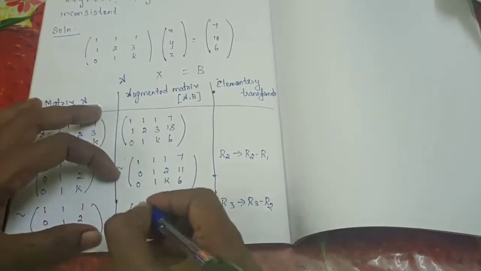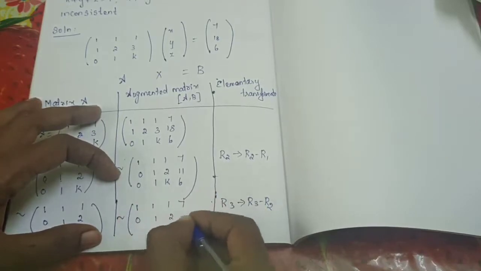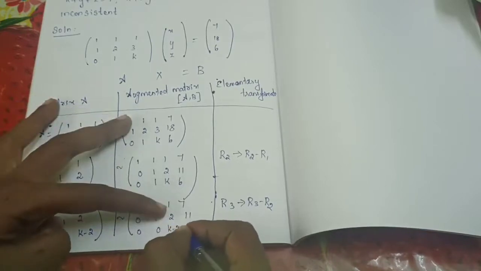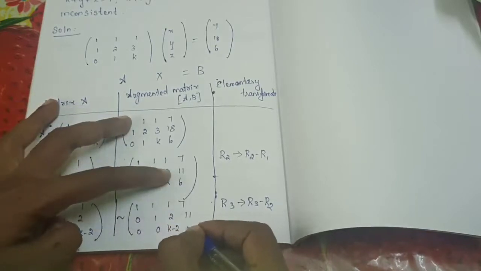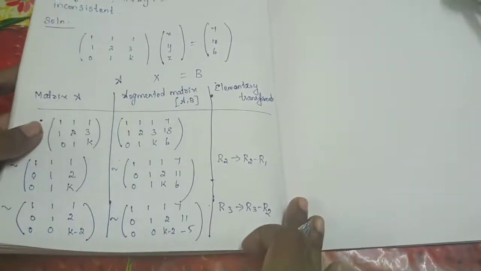The matrix is now 1, 1, 1, 7; 0, 1, 2, 11; 0, 0, k minus 2, and 6 minus 11, that is minus 5. Now it is in echelon form.